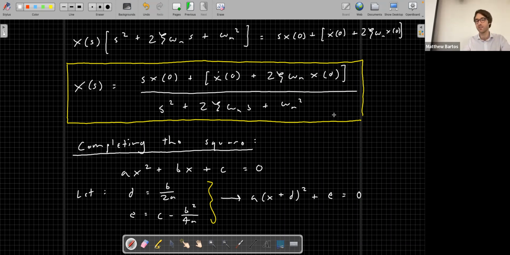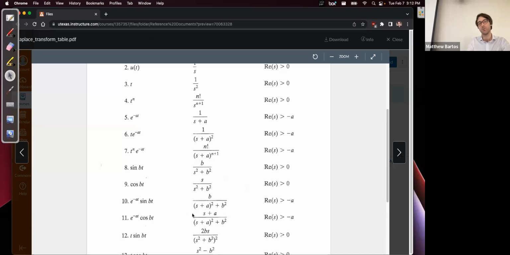Okay, and that's going to give us an expression that is equivalent to what we see in the Laplace transform table here.